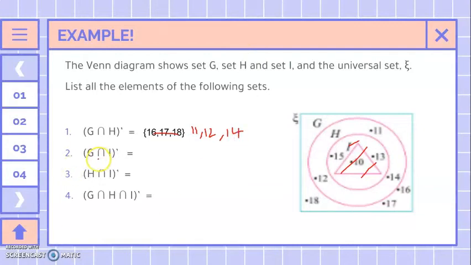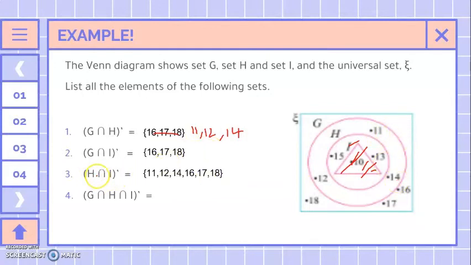Okay, for G intersect with I, apostrophe. So G intersect with I you have here. So all the elements except for number 10. So the answer here is you need to add the elements 12, 13, 14 and 11.